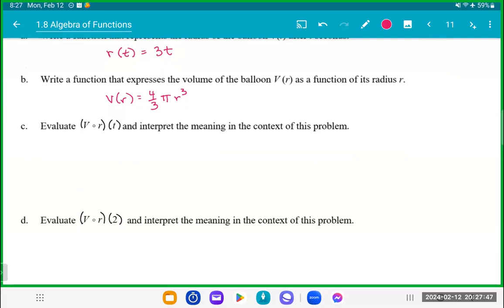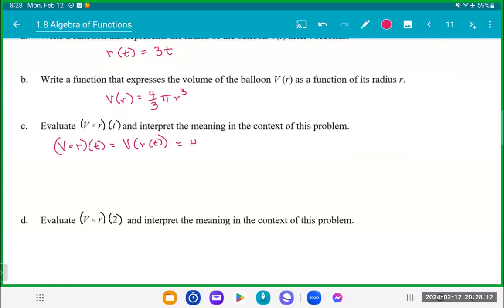Now, if I want to do my V of r of t, we can kind of interpret the meaning of that. V of r of t is going to be V of r of t, right? We're substituting our r function into our V function.